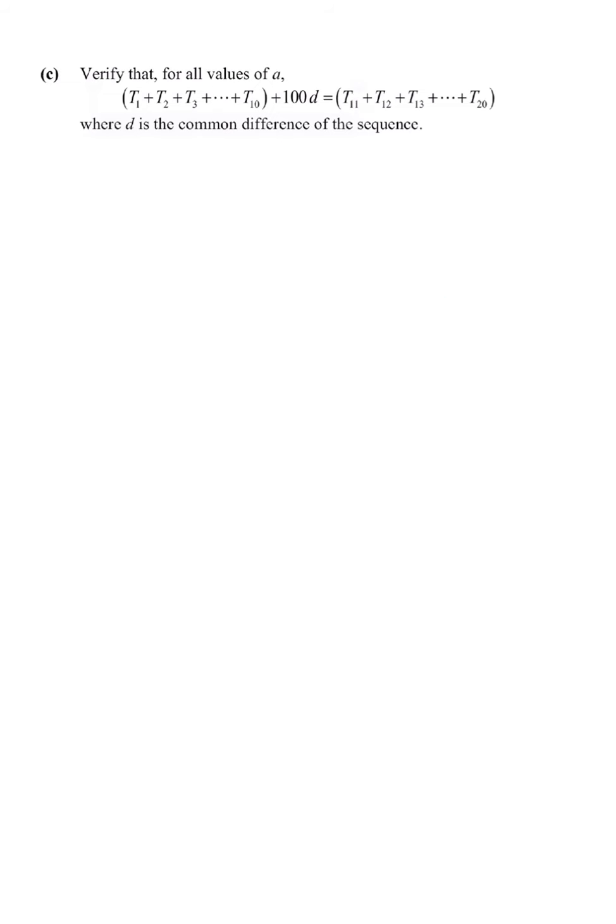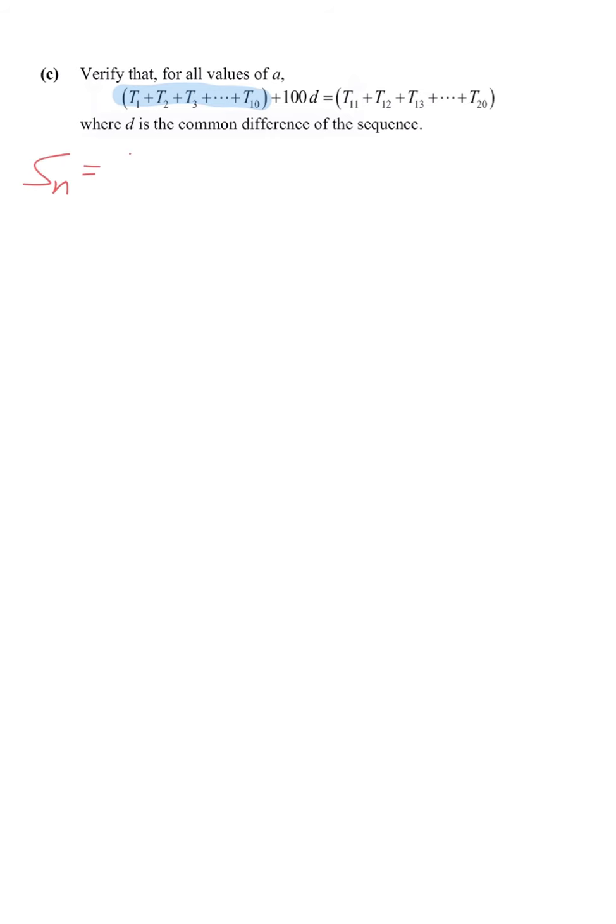Okay, for the next part, we need to verify that for all values of a, the first 10 terms added together plus 100 times the difference is equal to the 11th to the 20th term, all added together, where d is the common difference of the sequence. Firstly, let's get the sum of the first 10 terms. I'm going to write out the sum formula again.